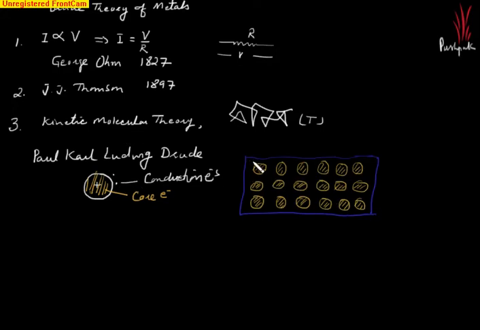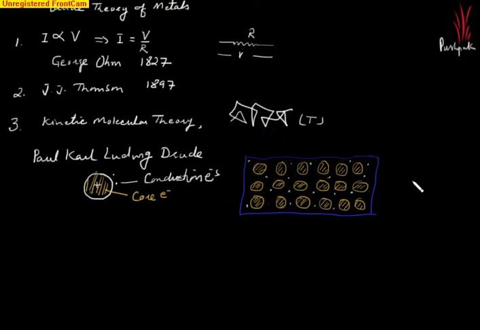We can assume a piece of metal in which these cores are embedded as per the crystalline structure of the metals, and these all are heavy positive parts of atom, and the remaining outermost electrons which are considered here free electrons, they are shown as free particles in the body of this piece of metal, and these electrons can move randomly in all the directions like molecules in the molecular theory.